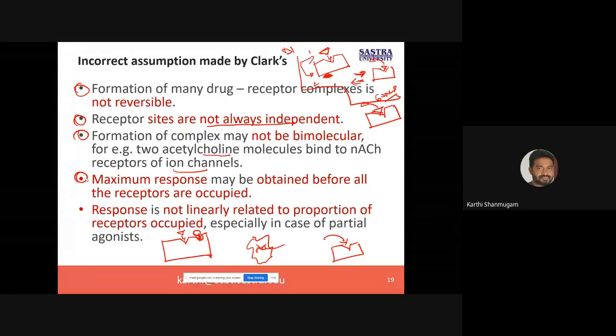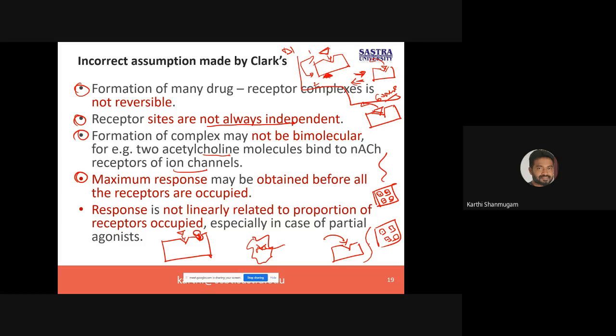According to Clark, if you have four receptors, we can expect the maximum response only if all four are occupied. But in reality, suppose you have four receptors inside the cell, just for understanding, don't take the numbers seriously. If only two drug molecules are bound to receptors and two other receptors are free, there are still cases in which we can expect the maximum biological response.